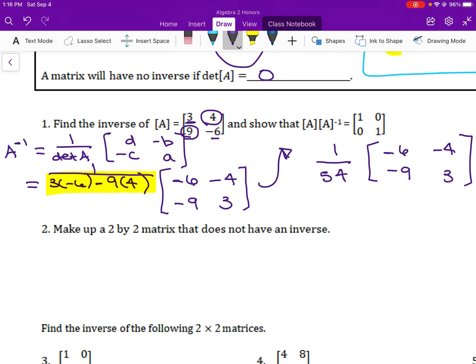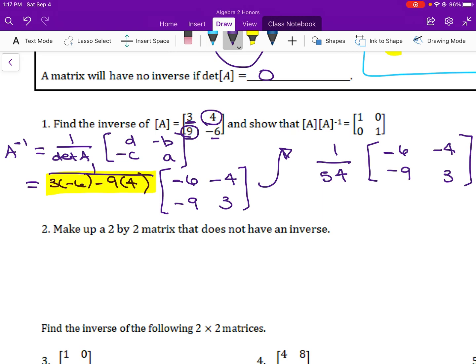So if I'm entering 3, 4, 9, and -6, and I want to find the inverse, if I go to my matrix, inverse actually is listed. So if I pull my matrix and I want to find the inverse, actually, let's save this for later in our video.